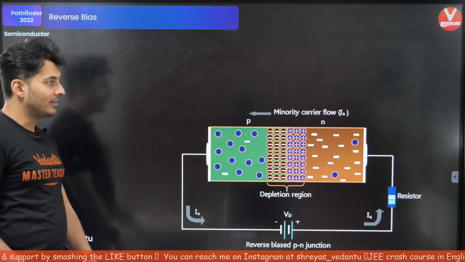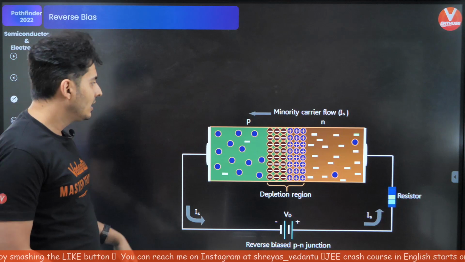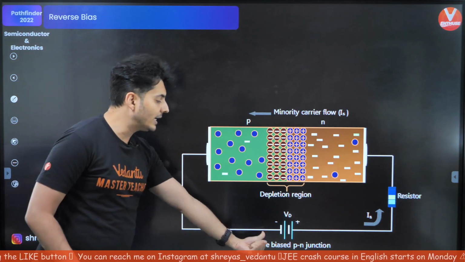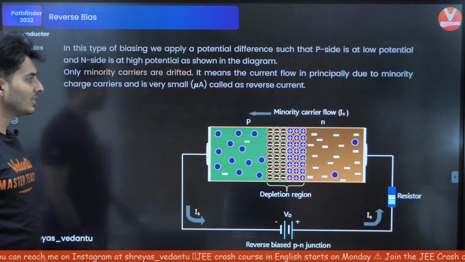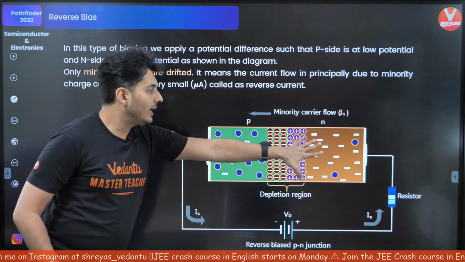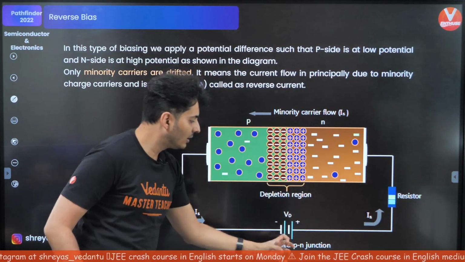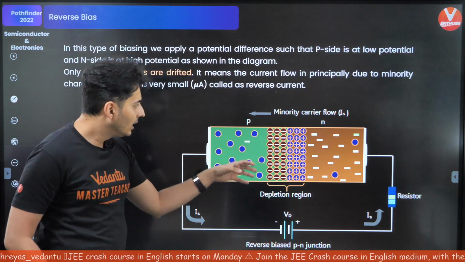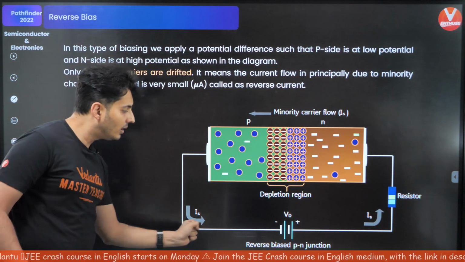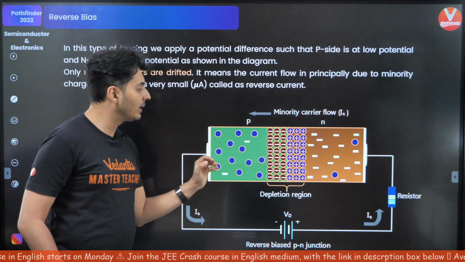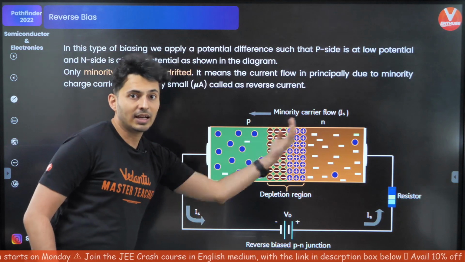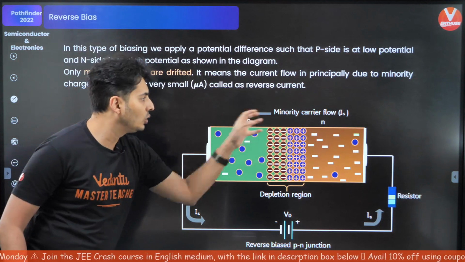Whereas in reverse bias, you will see you are going to connect the P to the negative terminal and the N to the positive terminal. Because of this, what happens? The electrons will get pulled towards the positive terminal and the holes will get pulled towards the negative terminal. In fact, this negative terminal will prevent the flow of influx of the electrons from N to P type.